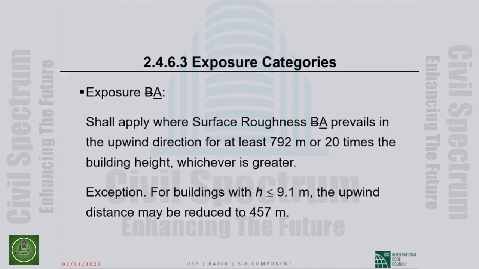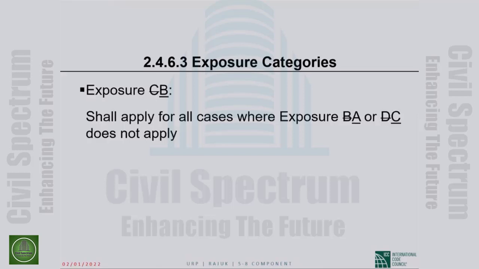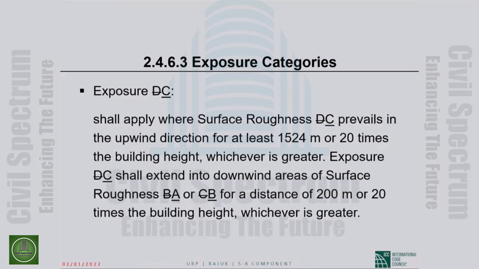But the point is that exposure category is defined in terms of roughness category and upwind distance over which that roughness category has to prevail. Exposure B is anything that is not exposure A or C. Exposure B is defined by default. That's the default exposure category, very important.